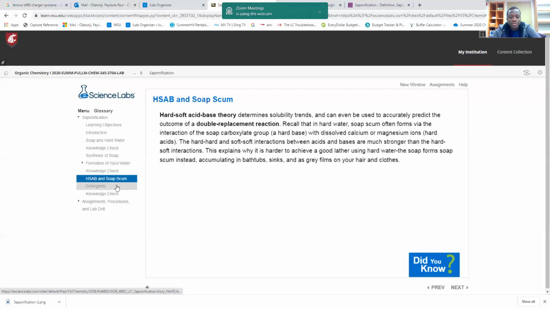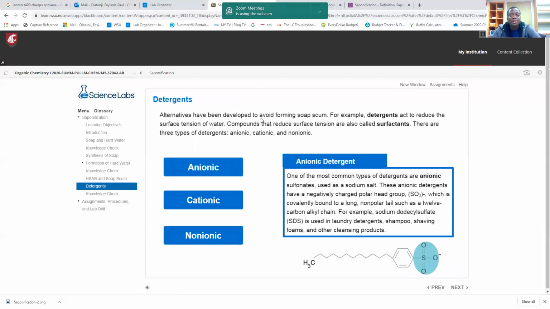And to overcome the issue of formation of scum, detergents were created to do that. And that's because the anions, the negatively charged groups or positively charged groups on detergents are usually soft. So they don't form scum readily.